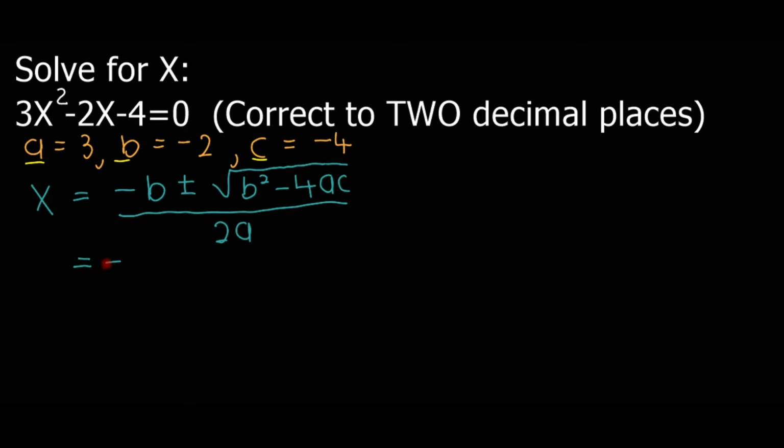We have minus, and then I will substitute b, so my b in this case is -2, so I will open a bracket because I have the minus of the formula, and then I have the minus of b, so I will have -2, and then I have plus or minus, and then substitute again.